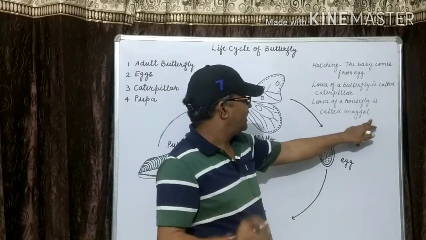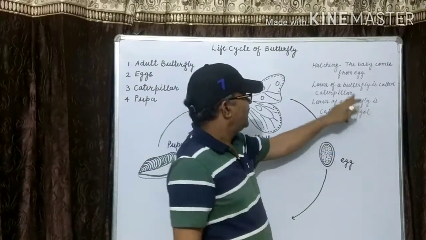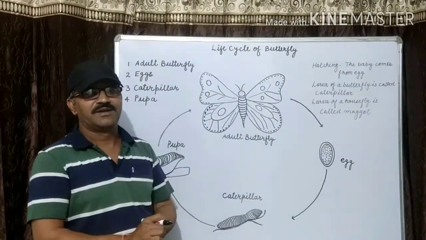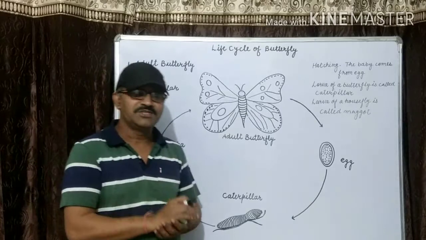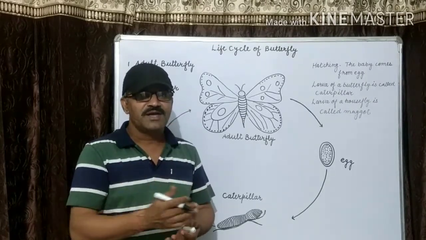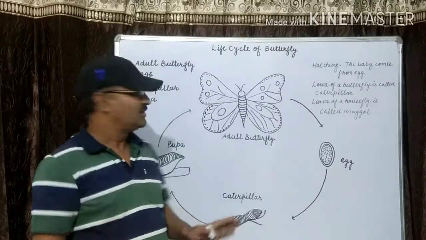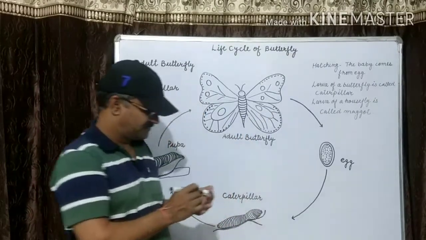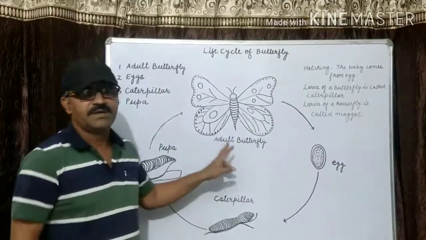So housefly larva is known as the maggot and larva of a butterfly is called caterpillar. And what do you mean by hatching? The baby comes from the eggs is called hatching. So there are three terms. It is clear?